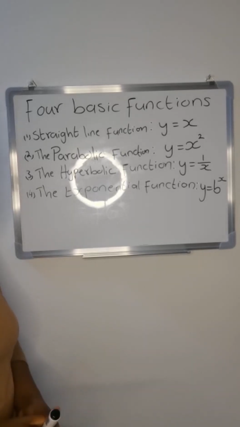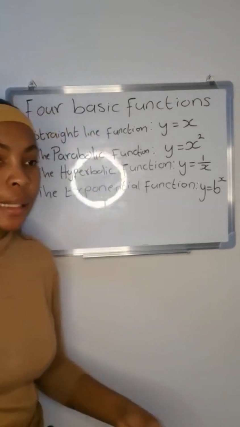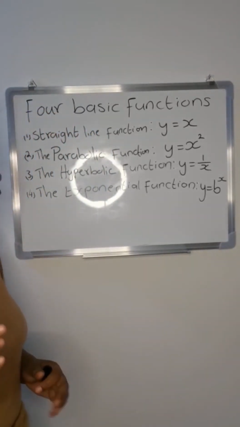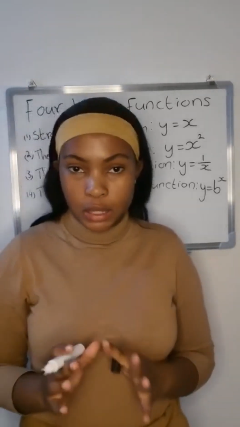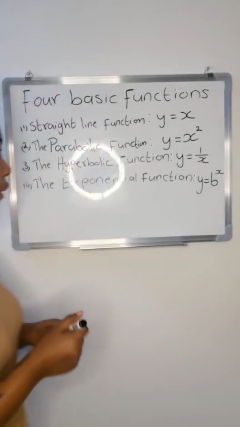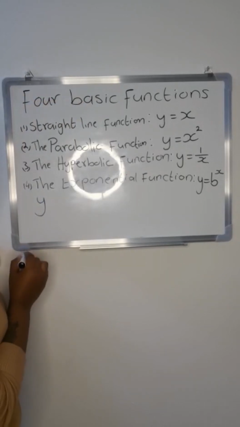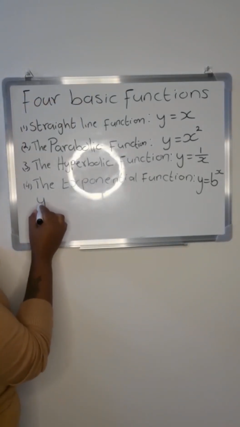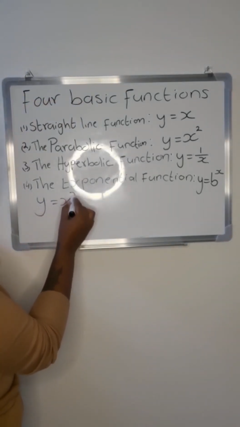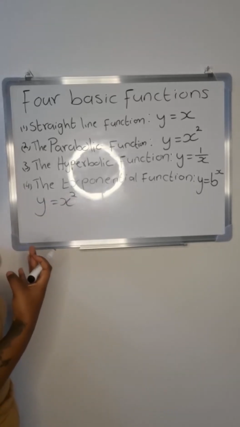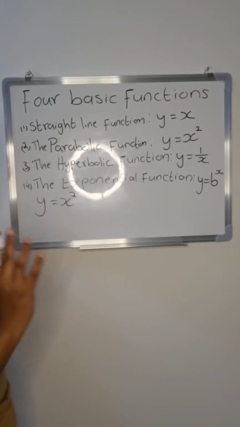Now, one thing that I need us to understand before we continue with the lesson is that we have different ways of labeling a function, any function. Let's take, for example, the parabolic function. Here I've written that the parabolic function is defined as y is equal to x squared. But we can label this function in different ways.